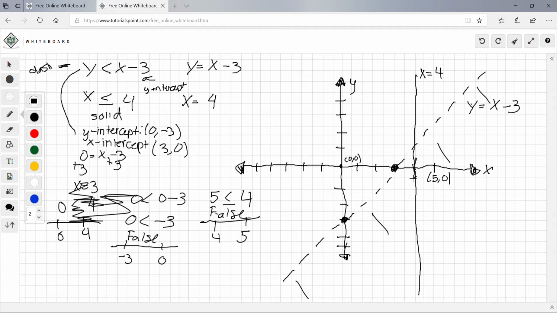But I'm going to shade this region because I have to shade what satisfies both regions. So it's going to be this whole region, not this. I'm not going to include this part because it doesn't even satisfy both parts. So it's just this region. So I'm going to use a different color.